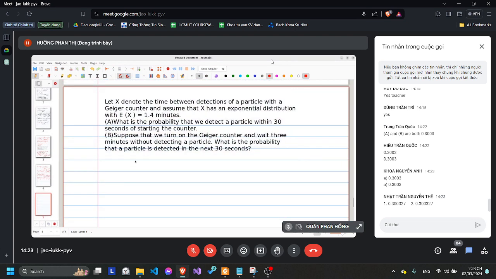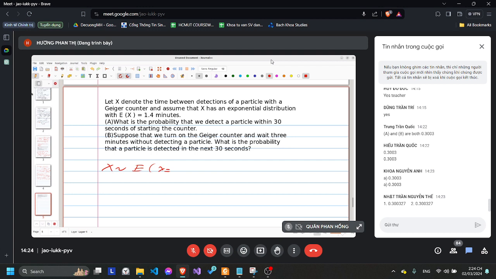Okay. So we are already given that S follows an exponential distribution with the mean 144, hence lambda equals 1 over the mean.